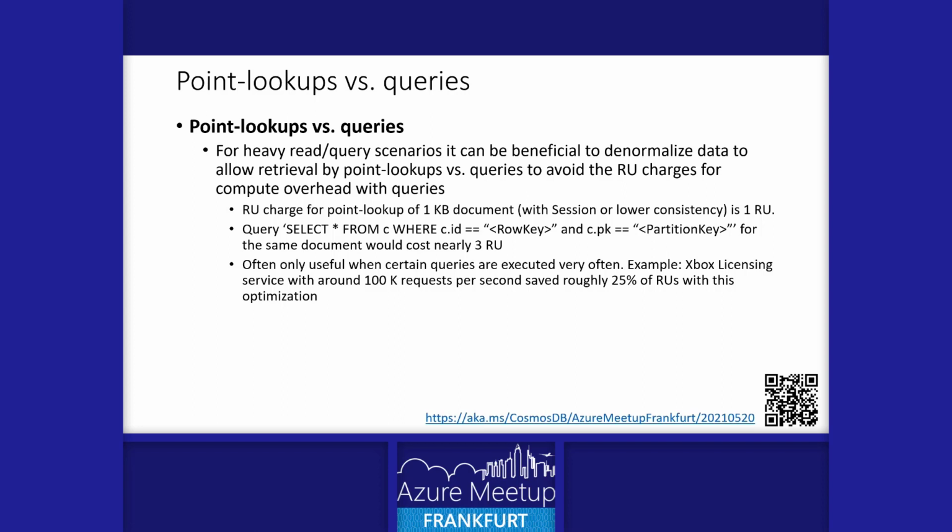The point lookup versus query was not the only optimization, but it was certainly significant, giving 10 to 20% cost savings just by making small changes to the data model. And so that's also something to keep in mind. I think that's true for Mongo and Cassandra as well. By using the core point lookup APIs, it's more efficient than running a query. And so making sure the data model is usable via point lookups for the hot scenario can be a good thing.